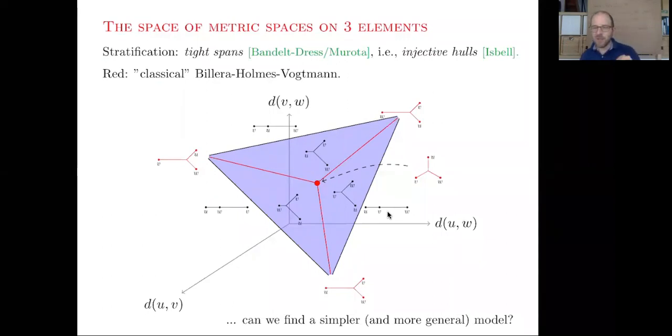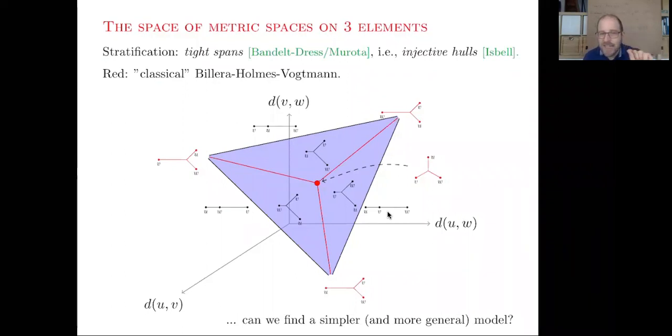In this picture, I am looking at the metric space and at the graph as a combinatorial invariant. The nice thing for 3-point metric spaces is that every metric space is a tree, so all the graphs here are trees.